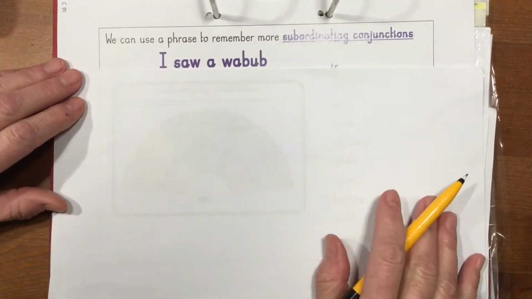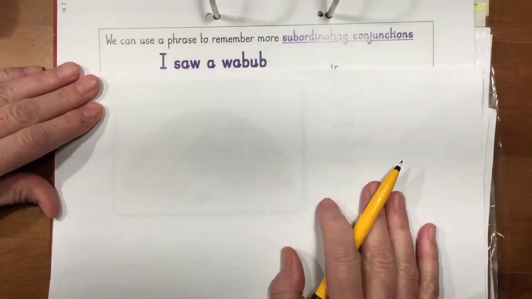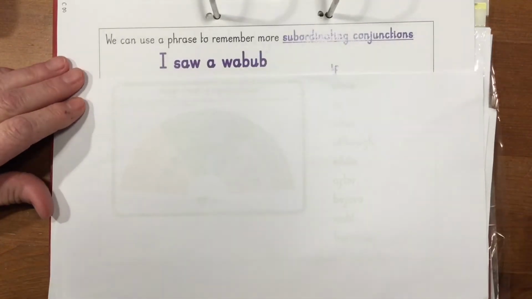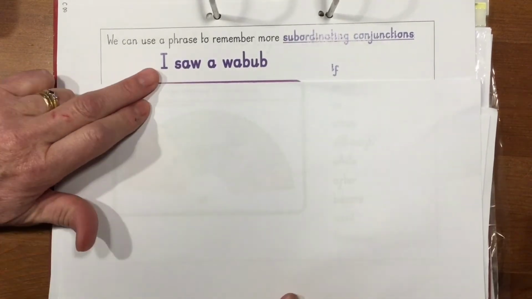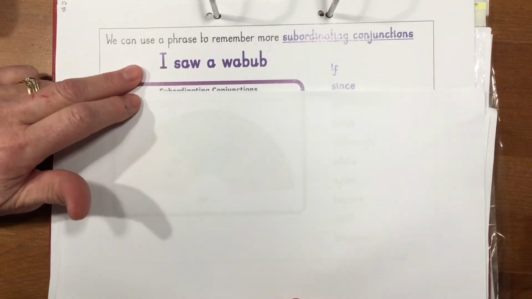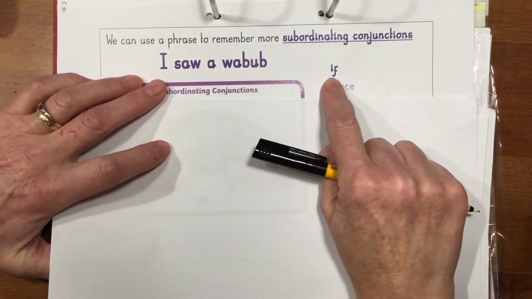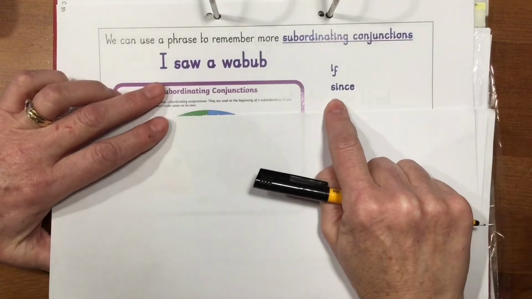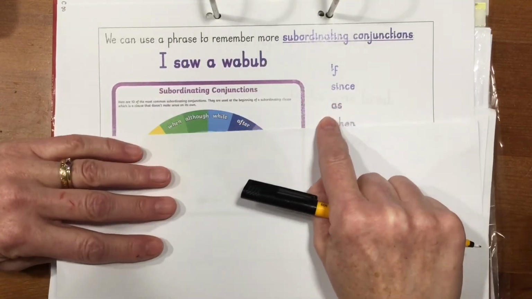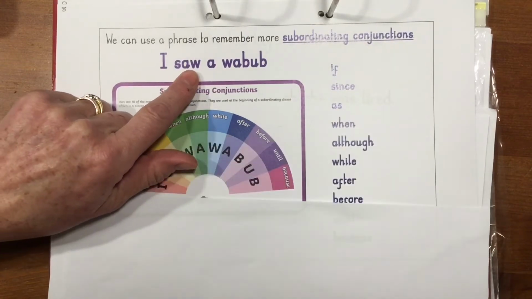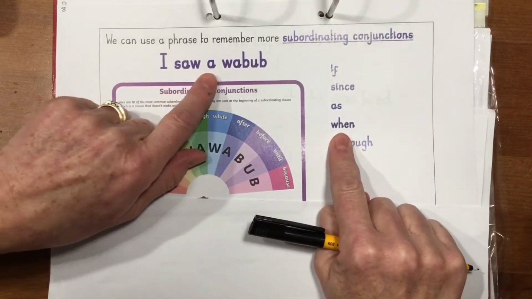We can use a phrase to remember more subordinating conjunctions, and the phrase that we can use is I saw a wobber. The letters in I saw a wobber remind us of them. So the I is if. S for since. A for as. W for when.